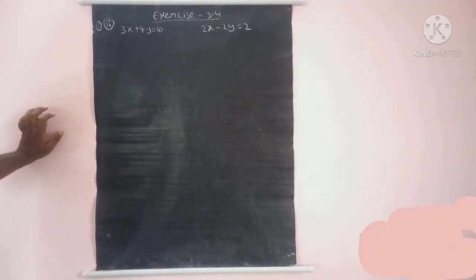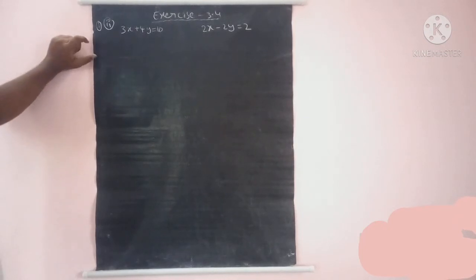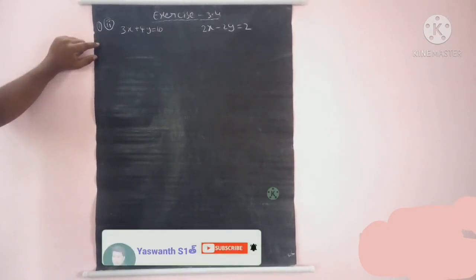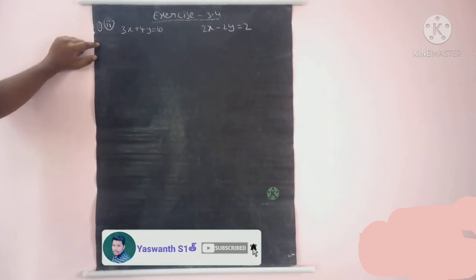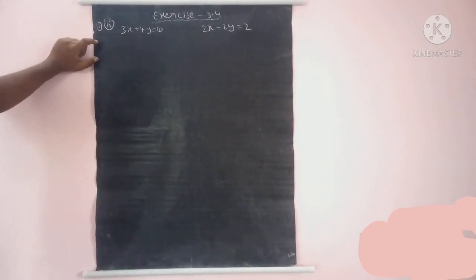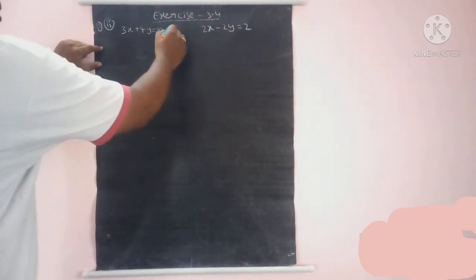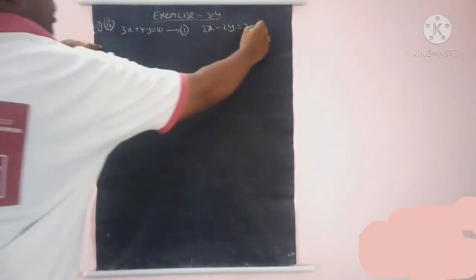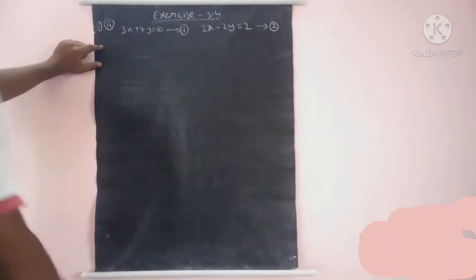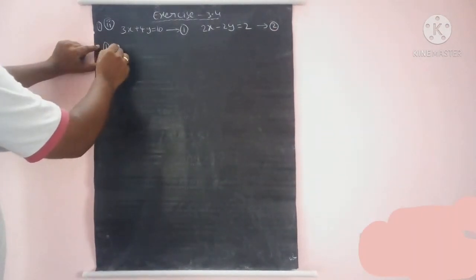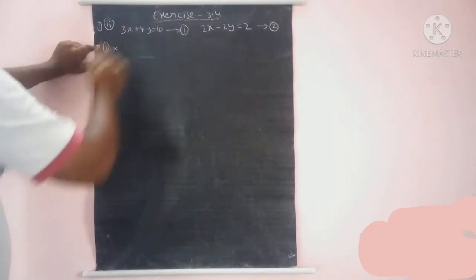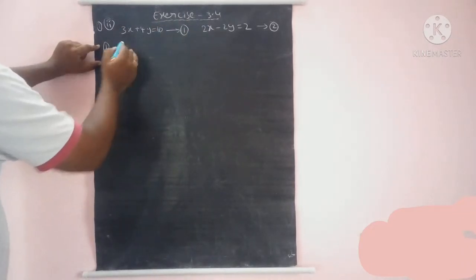First question, second subpart. The given equations are 3x plus 4y equals 10 and 2x minus 2y equals 2. So let it be 1, let it be 2. As I said, the first equation should be multiplied with the second equation's x coefficient.